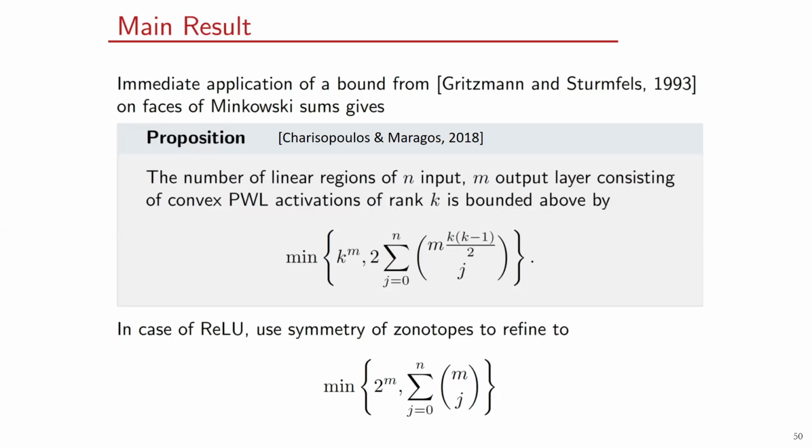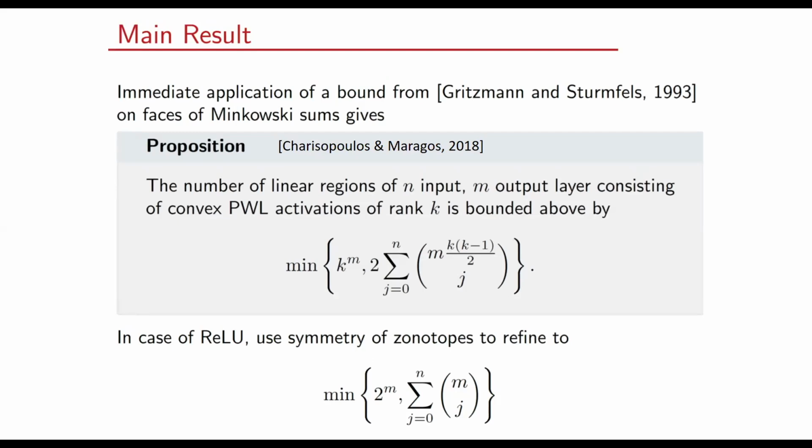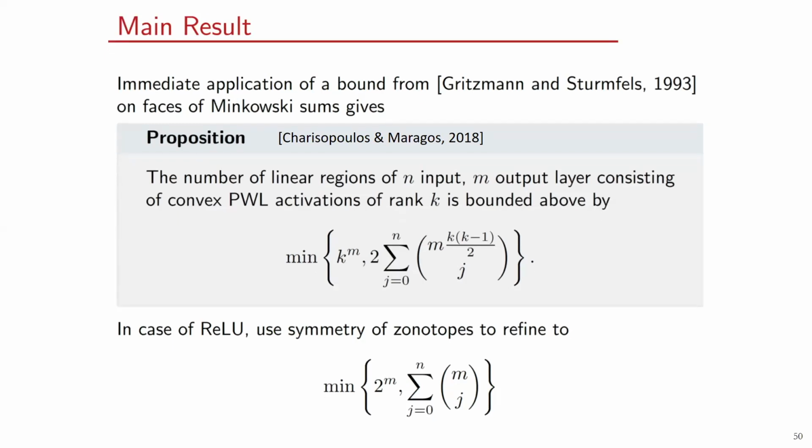It concerns the number of linear regions of neural nets that have n inputs, m outputs, L layers, and consisting of convex piecewise linear activations of rank k. Rank k means that every activation has k terms in the max plus function. And then in the case of ReLU, when we don't have maxout units, the upper bound becomes simpler.